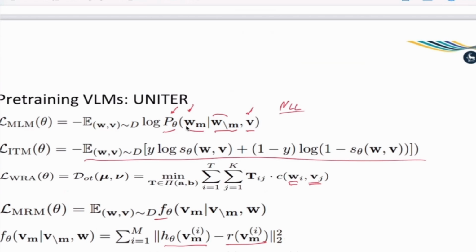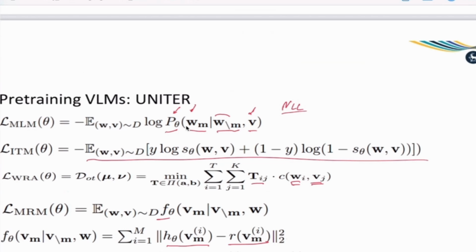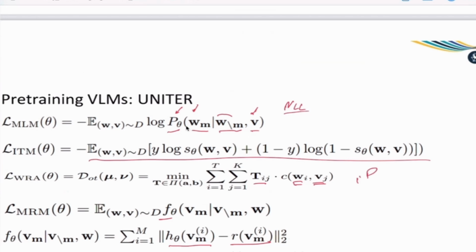Then you use some iterative algorithm to estimate the weight corresponding to the cost, the T, the transportation matrix, it's called the transportation matrix. You need to learn that, and to learn that you use some algorithm which is called IPOT and things like that, and it's quite mathematically involved.